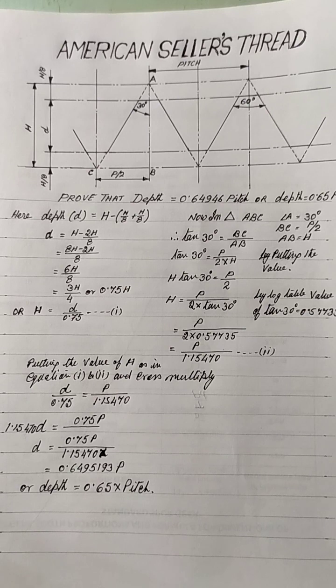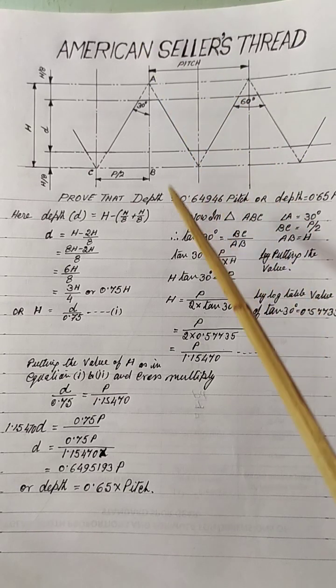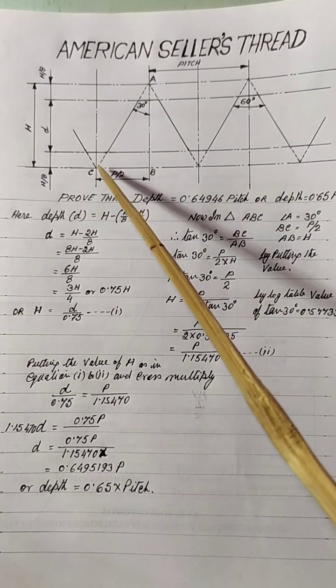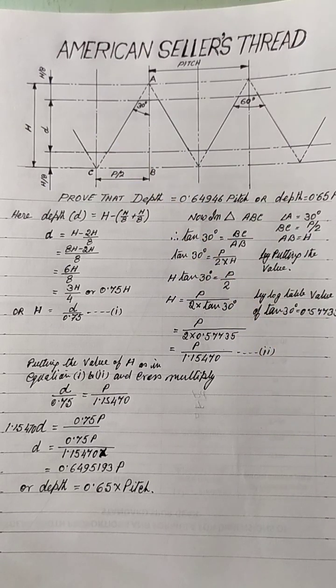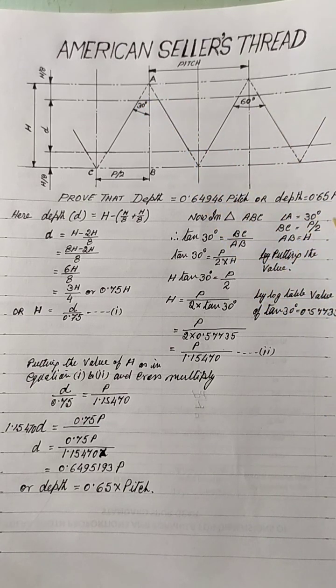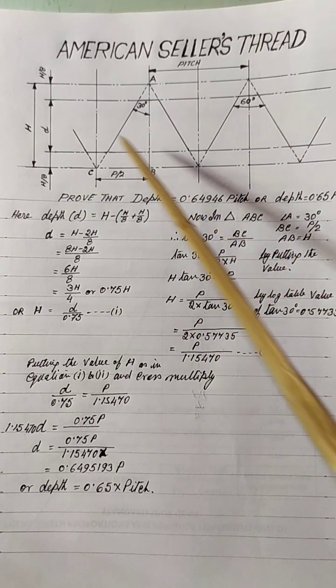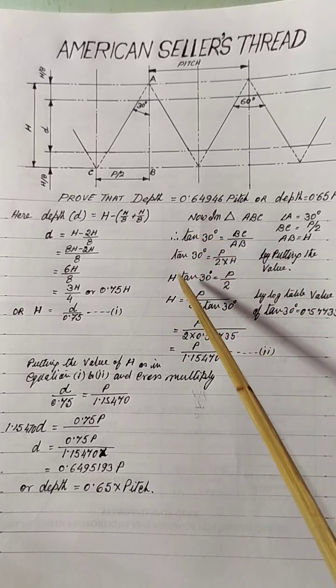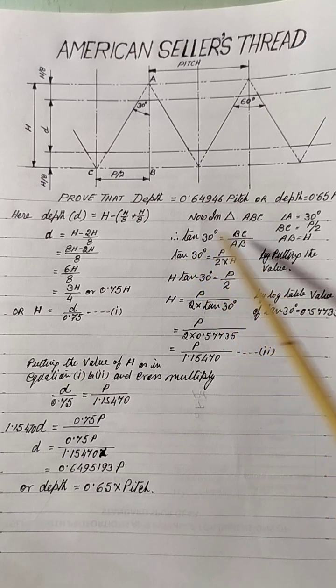Okay, so for Metric thread, the included angle is 60 degree. According to 60 degree, ABC is a right angle triangle. Here angle A is equal to 30 degree, BC is equal to P by 2, AB is equal to H. According to trigonometrical ratio, tan 30 is equal to BC by AB.